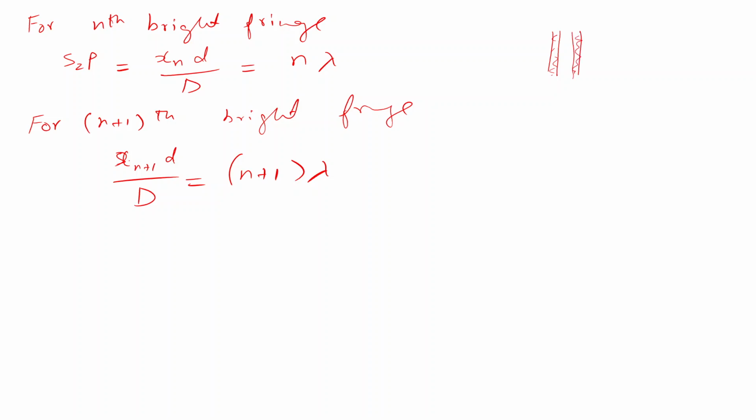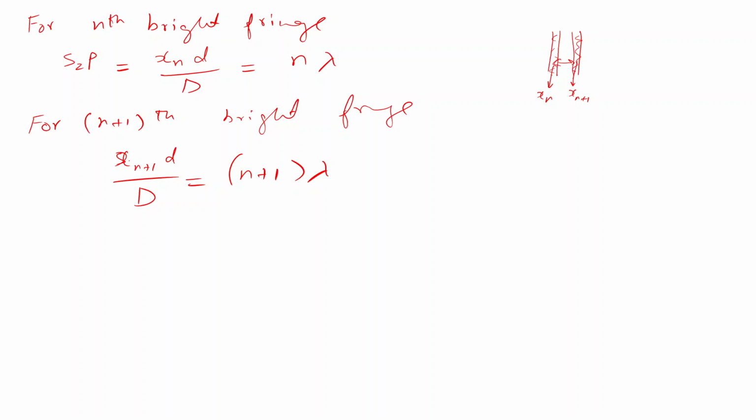If xn means this position of bright fringe and xn plus 1 is this position of bright fringe, then if I subtract these two positions, xn plus 1 and xn, then I'll get this width. If I subtract the position of these two, then I'll get the distance between these two, which will tell me the width of this dark fringe or bright fringe.